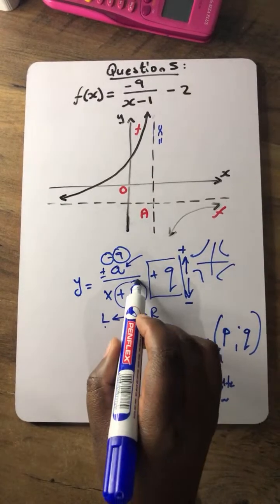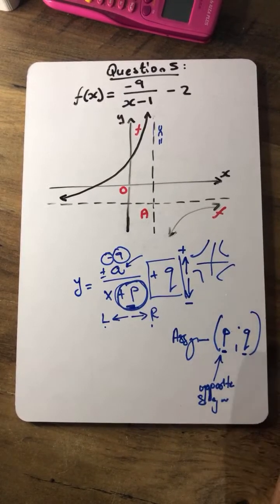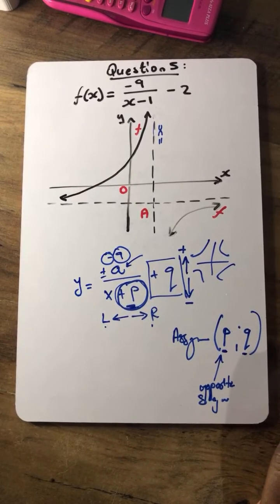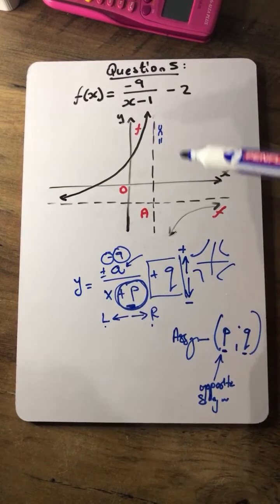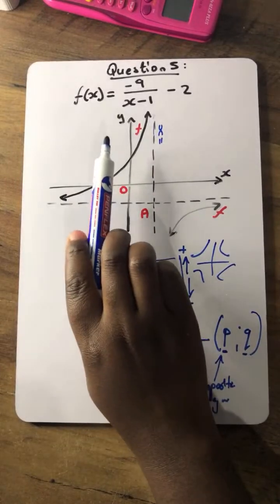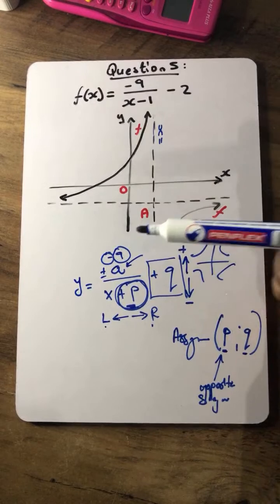So whatever P value you have there, you write it with its opposite sign. This one, you write it as it is. That's all that you need to remember. So the p-value tells us by how much it has shifted to the right, and the q-value tells us by how much it has shifted downwards.